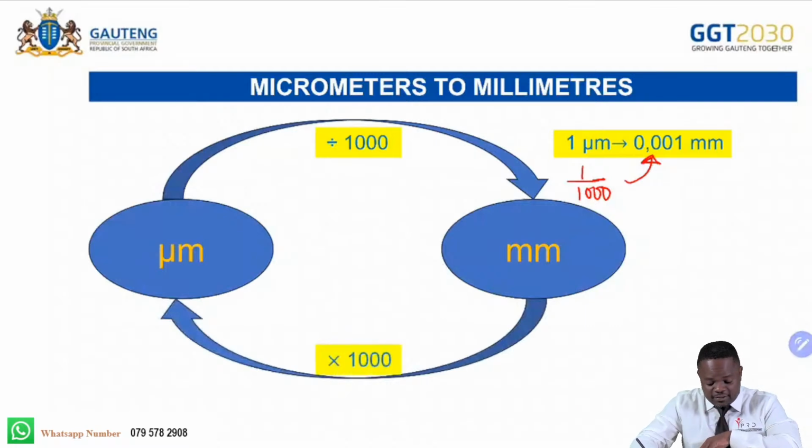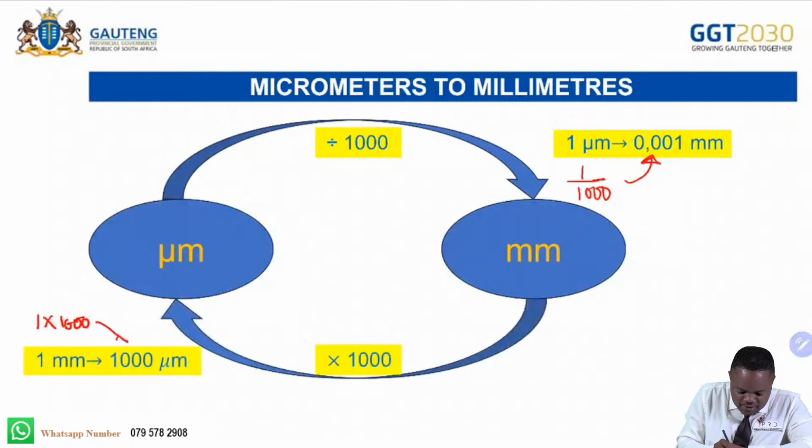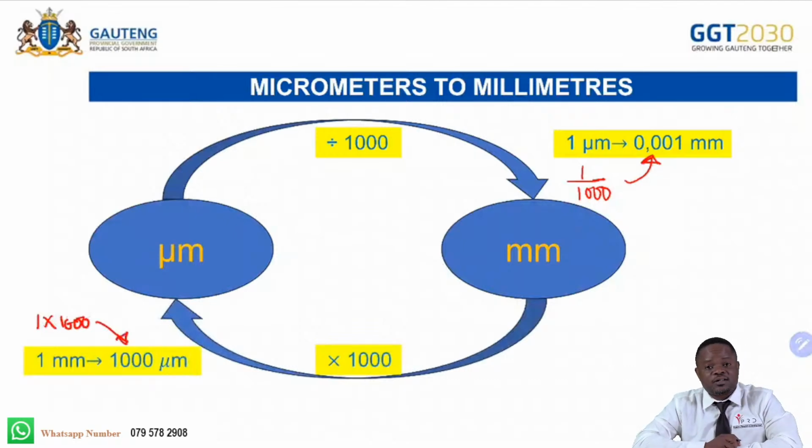I multiply by 1,000. So I have 1 millimeter, I multiply it by 1,000, I get 1,000 micrometers. So that is generally how we are going to convert our units. I hope it is making sense.